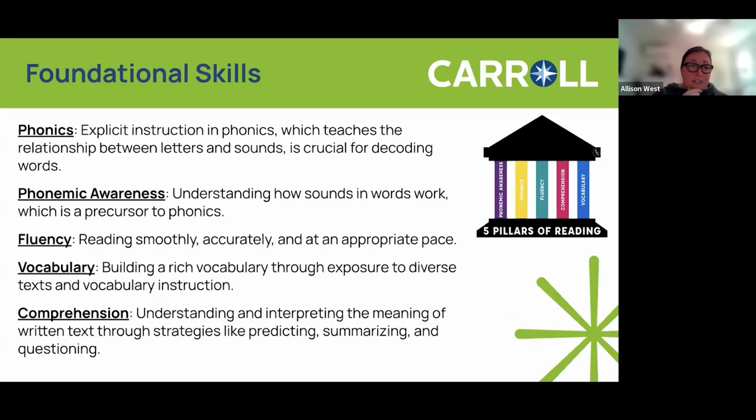Oh, and just to highlight here, these foundational skills that I've pulled out are pulled directly from the National Reading Panel, which found that these 5 pillars are essential to reading. And perhaps you've heard this before, perhaps not, but the human brain is wired to speak and absorb language, to listen to language, but it's actually not wired to read.